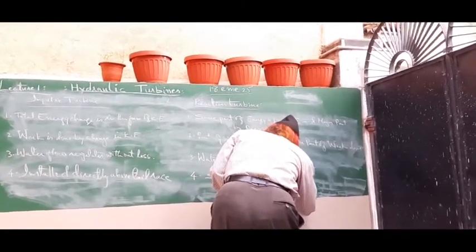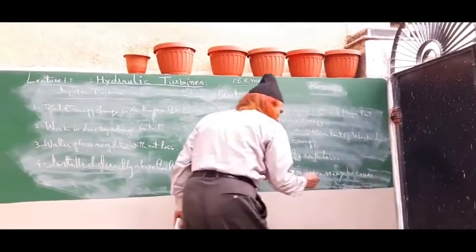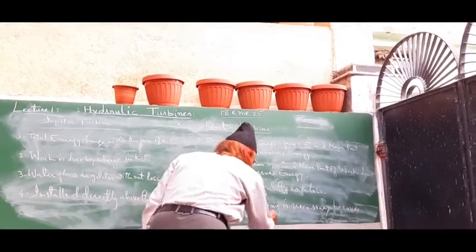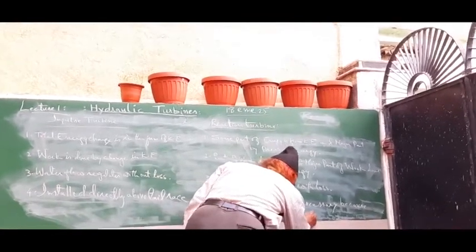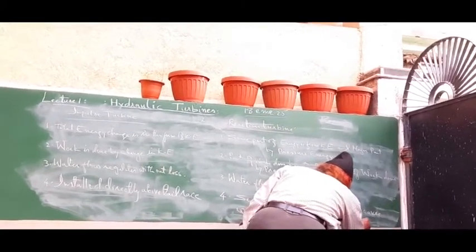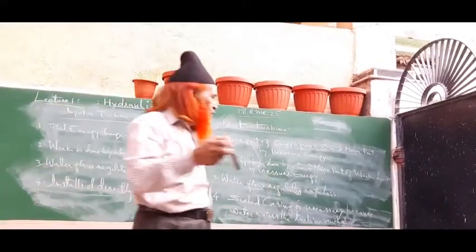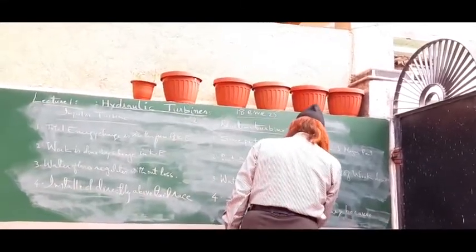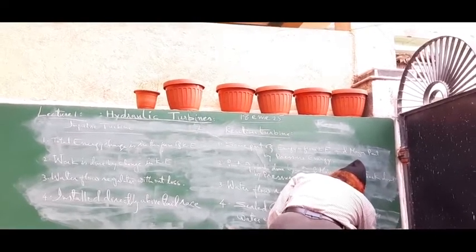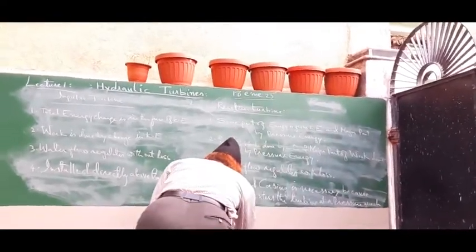A sealed casing is necessary because the water enters the turbine at a pressure much above atmospheric, or you can say above the outlet pressure of the turbine.